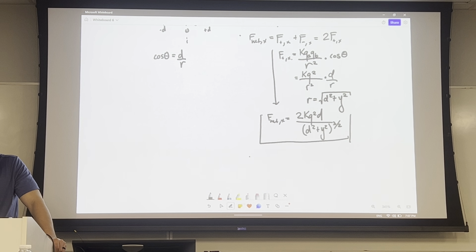And for the full solution, I would like it to be written out in the vector form, which would be 2kq squared d over d squared plus y squared raised to the 3/2 power i plus 0j.